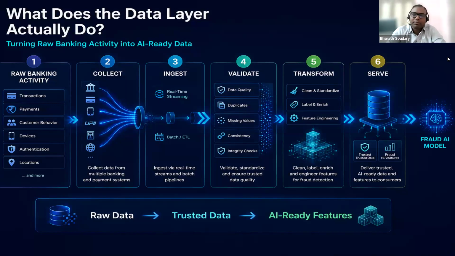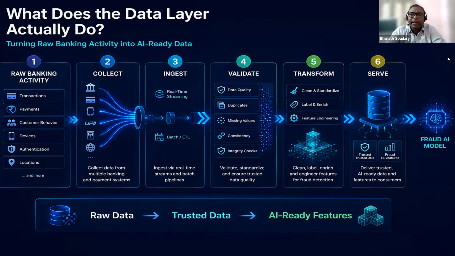So let's talk about what the data layer actually does in our next slide. The data layer turns raw banking activity into AI-ready data. The slide shows the flow, starting from raw banking activity: collect, ingest, validate, transform, and serve.